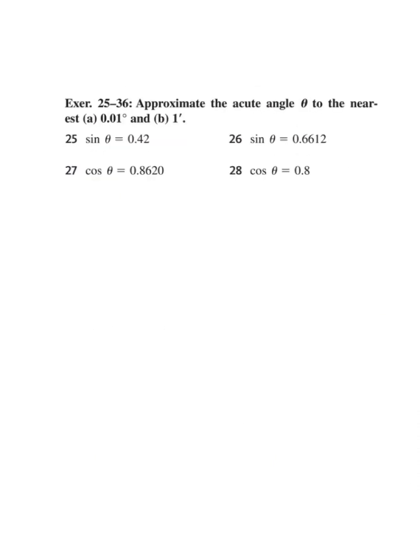Okay, now we're at 25. Approximate the acute angle theta to the nearest 0.01 degree in 1 minute. All right, so we're working these backwards here. So where is the sine of theta equal to 0.42, or where does y equal 0.42?